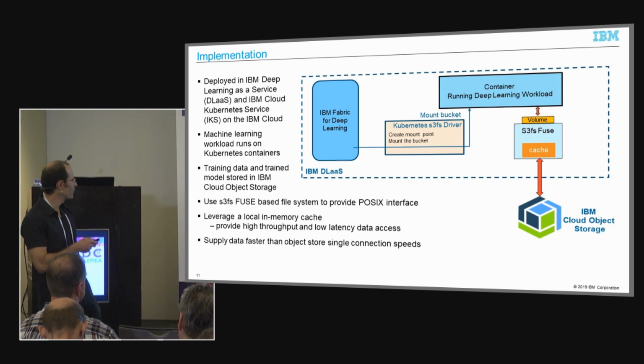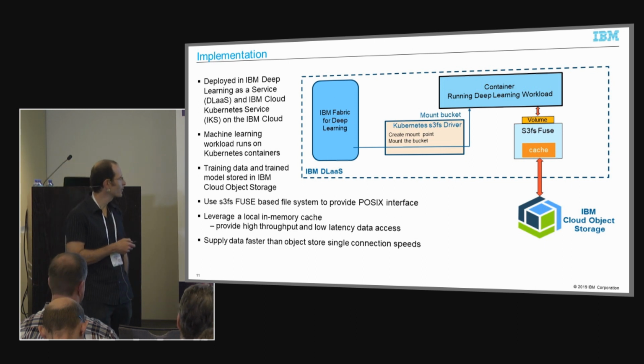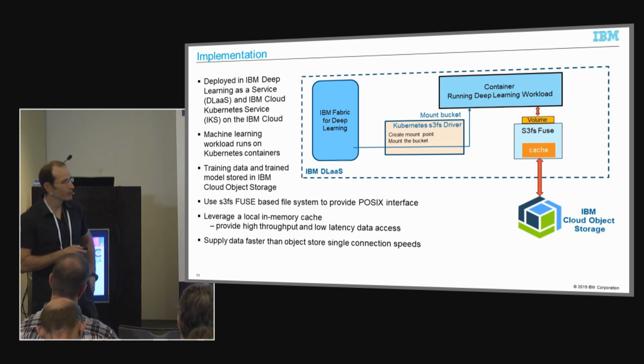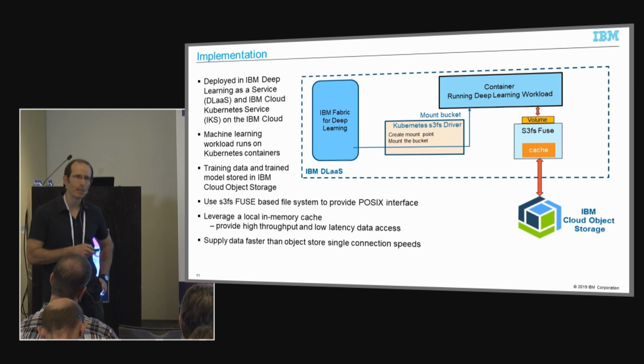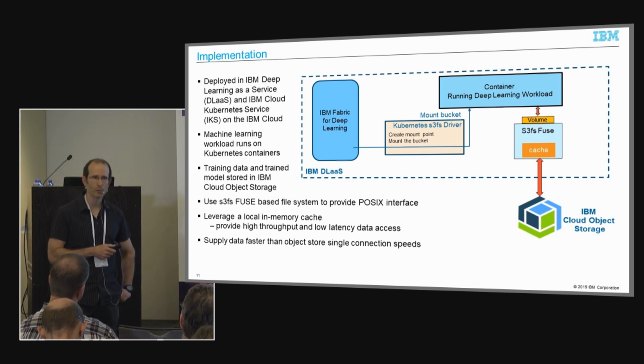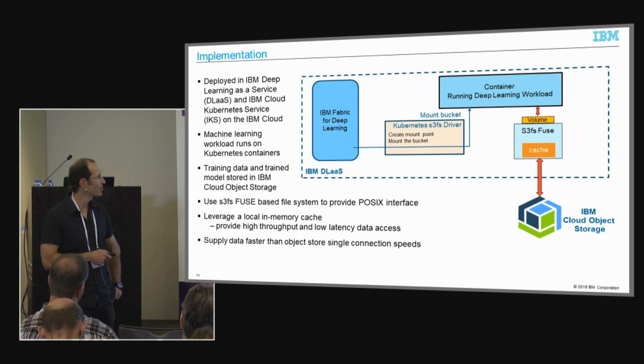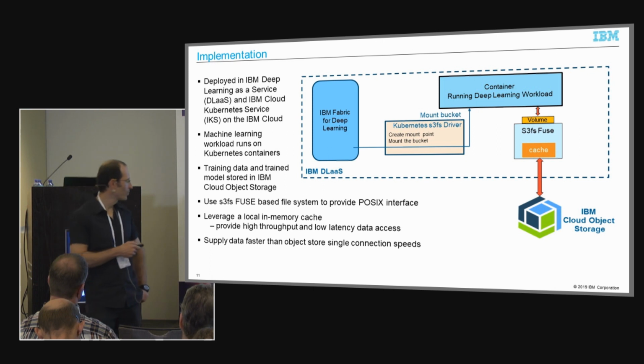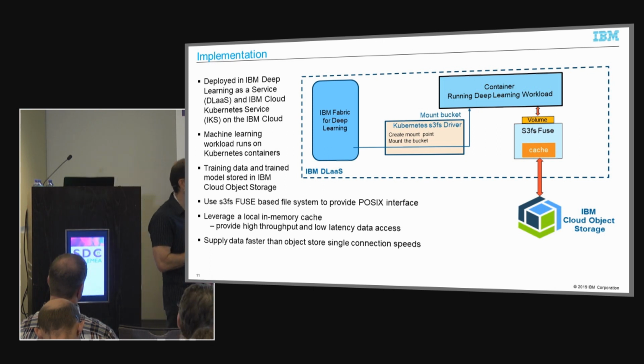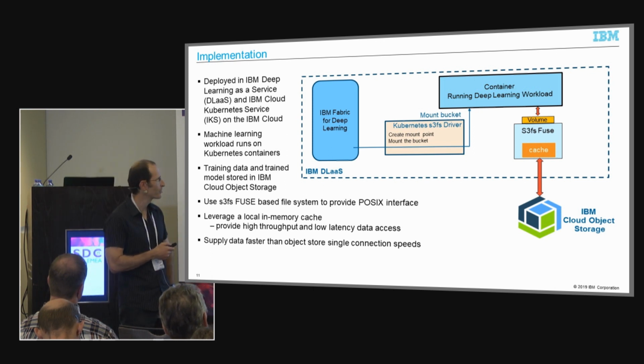We take advantage of the in-memory cache. We take advantage of S3FS, which enables us to support applications that use POSIX API and then issue S3 APIs. And we use multiple connections rather than a single read request to support the throughput that we need.